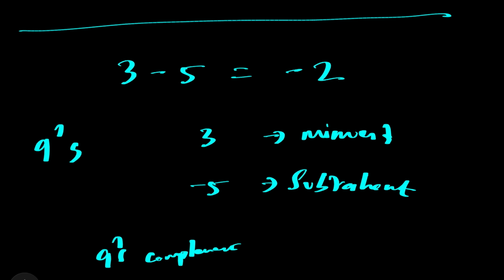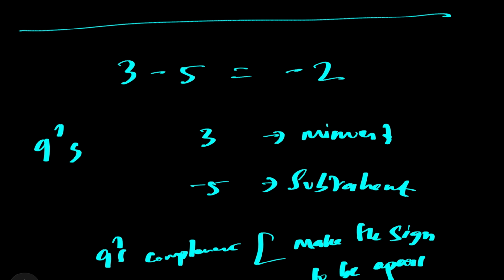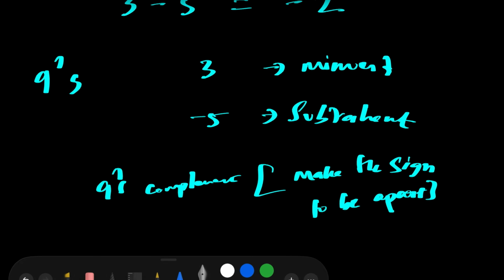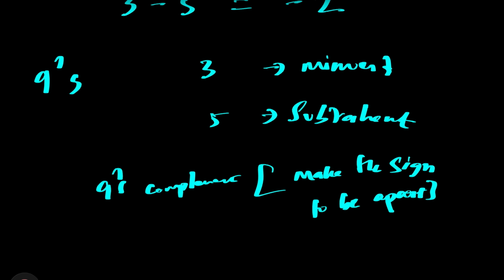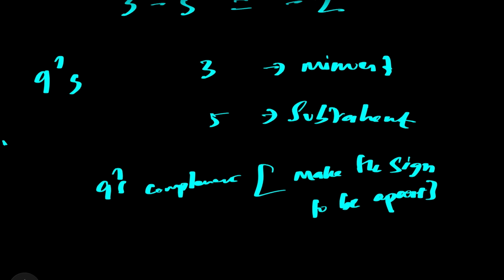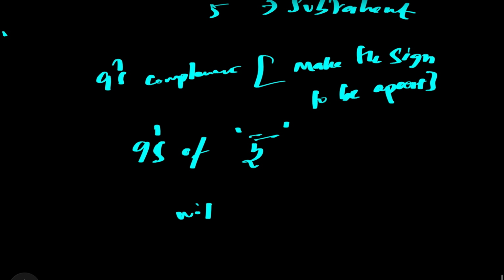So now just keep the sign apart. Don't confuse the sign over here, right? So just keep the sign apart over here. Right. So now the 9's complement of 5 will be 9 minus 5, which is equal to 4.